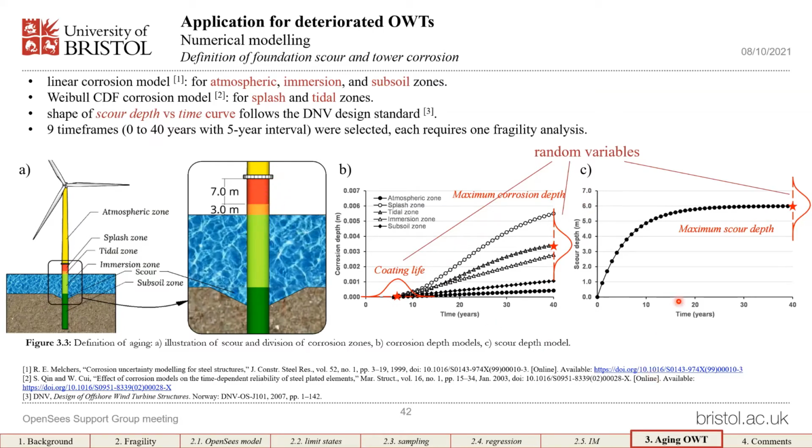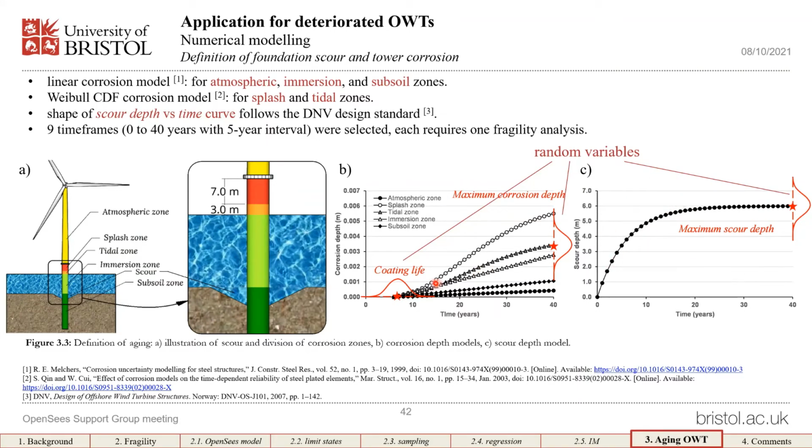In a similar way, a scour model was defined following a mainstream offshore wind turbine design code. Some of the parameters that control the model of corrosion and the model of scour were defined as random variables in order to consider their uncertainties.